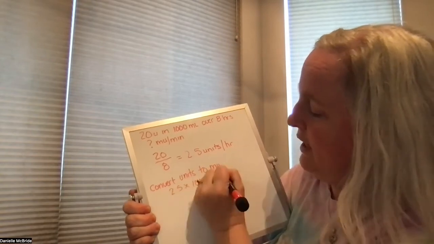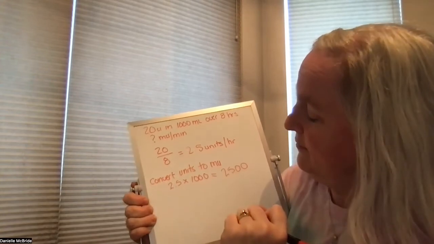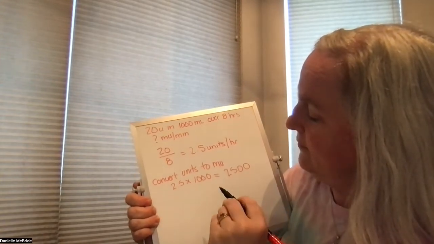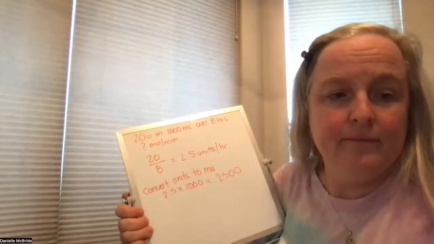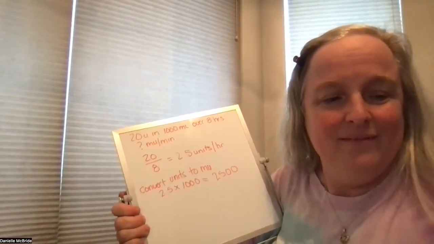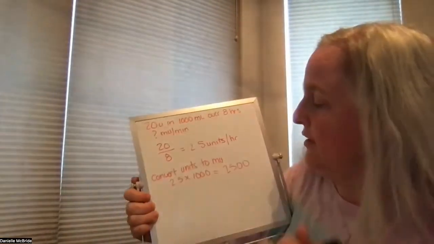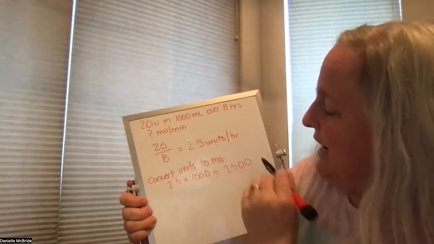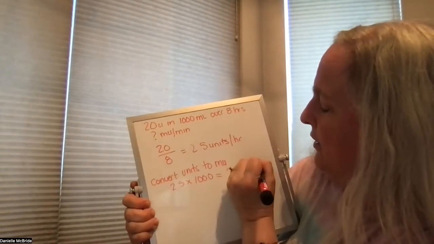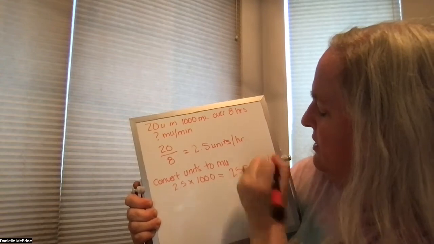One, two, three is 2,500. Second guessing myself, but it's right. It's 2,500. So this is how many milliunits per hour I want my patient to get.